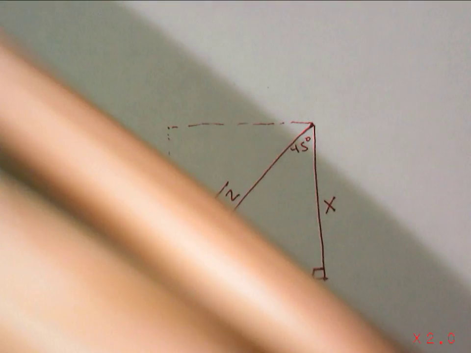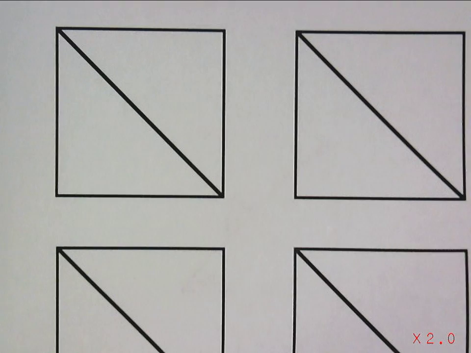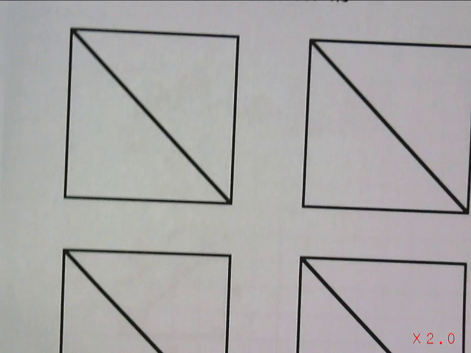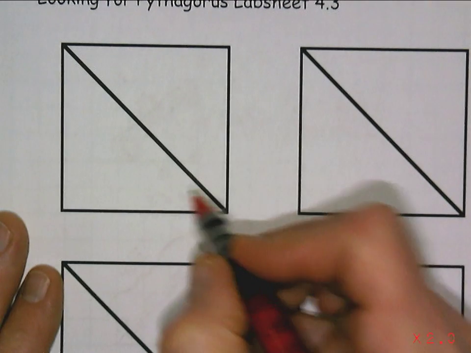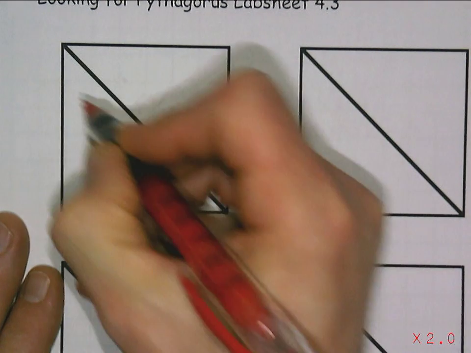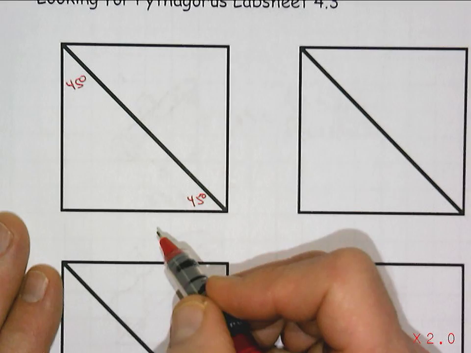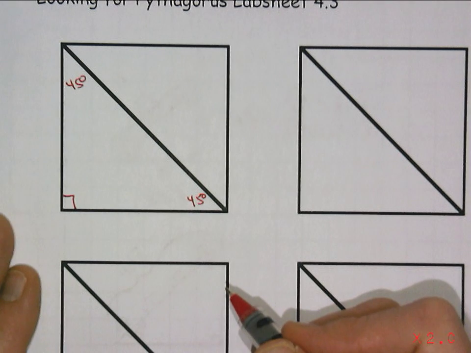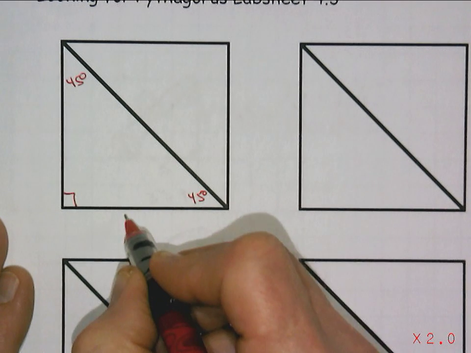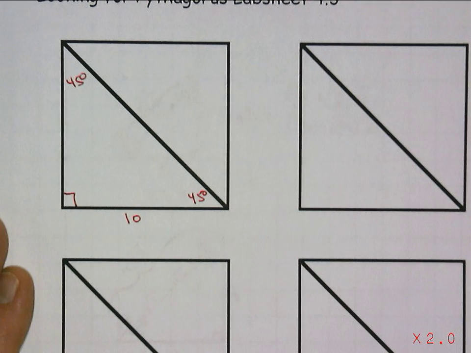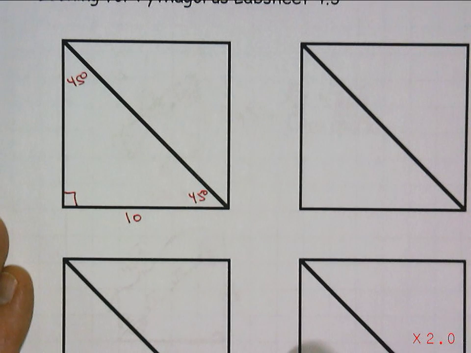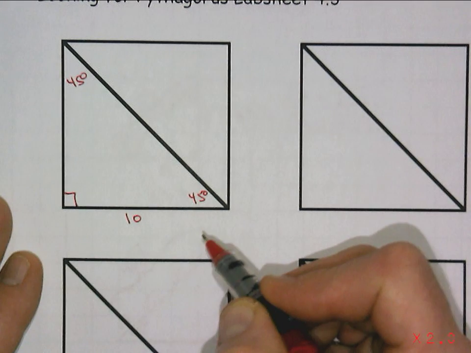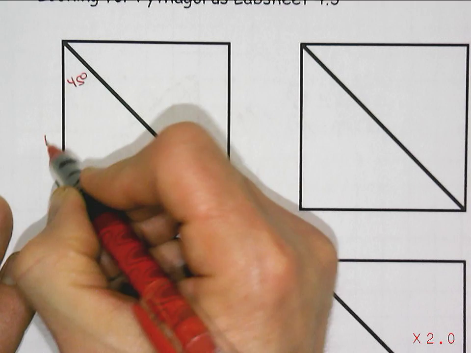And really all I need is one side, one piece of that. So I could even look at a, see these are 45, 45, 90 triangles. And because I basically took a square and cut it in half, if I knew this side was 10, and that's all I knew, that's all I need to know. With a 45, 45, 90, because it's really half of a square, this is 10.